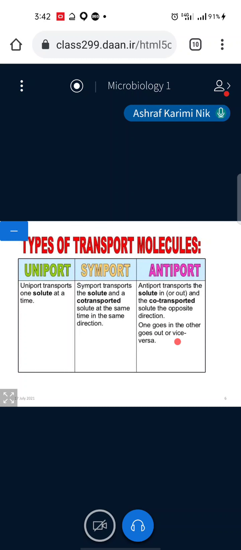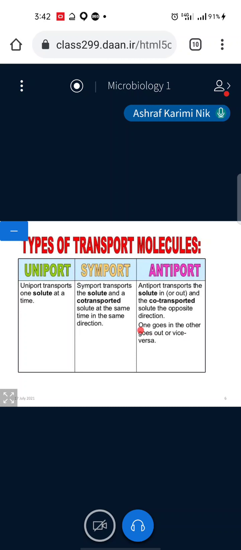And antiport means transporting a solute in or out and a co-transported solute in the opposite direction. One material enters, one material exits in the opposite direction.